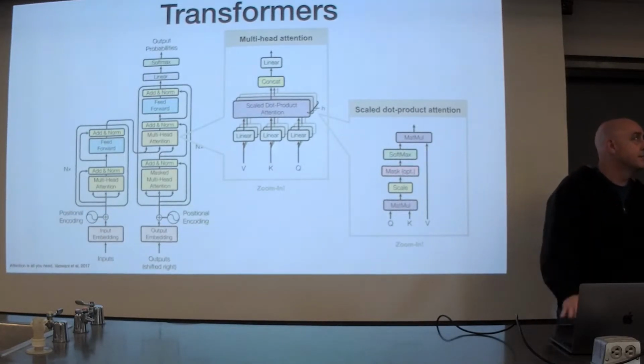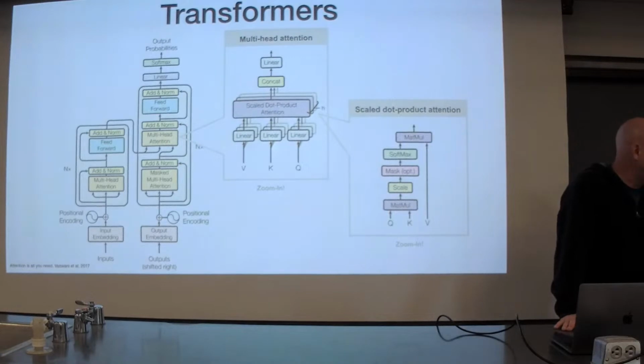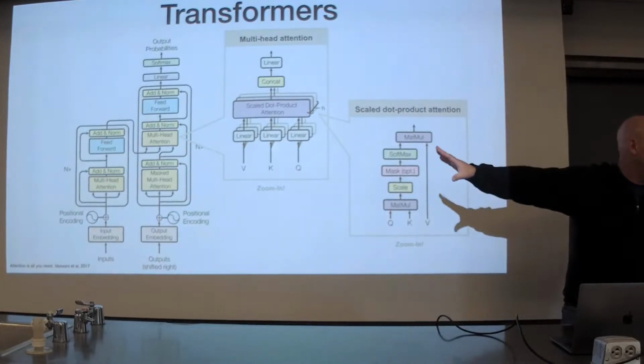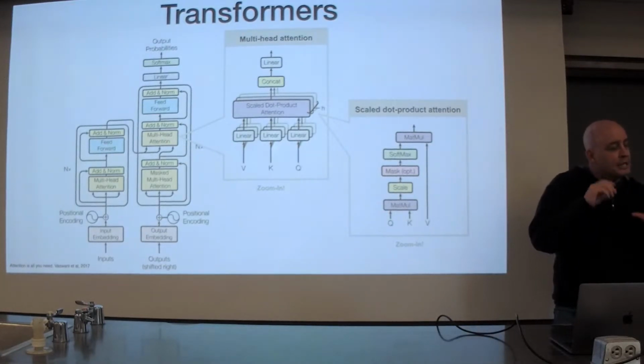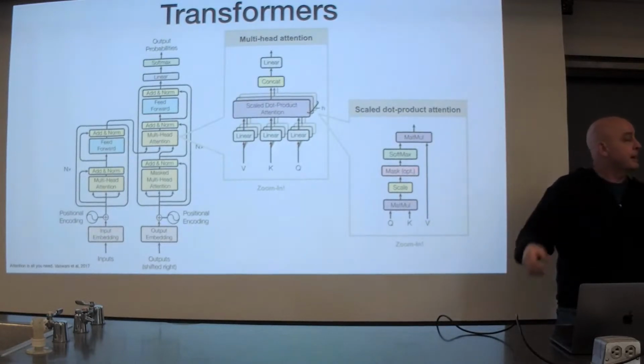In certain situations, it basically performs the same as if you had these attention mechanisms. So the thing that really matters, it seems, is that you have a sufficient mixing mechanism.